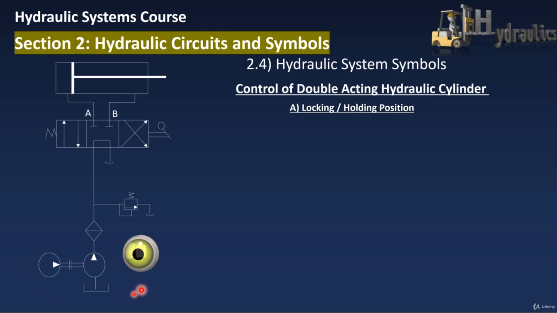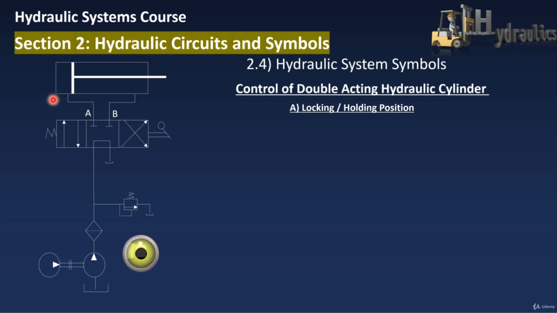Here we have a pump with motor, filter, pressure regulator, and then drain. After that, a control valve with 3 positions, because I have 3 envelopes, and 4-way, because I have 4 ports, 1, 2, 3, 4, and a hydraulic cylinder.